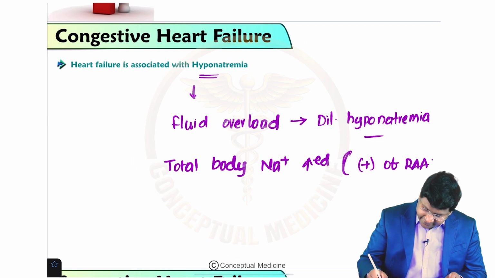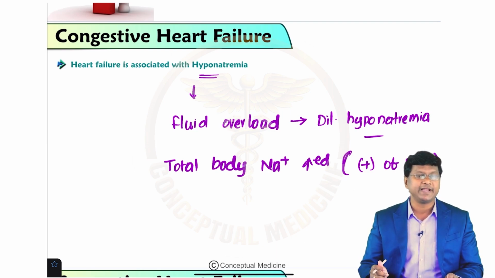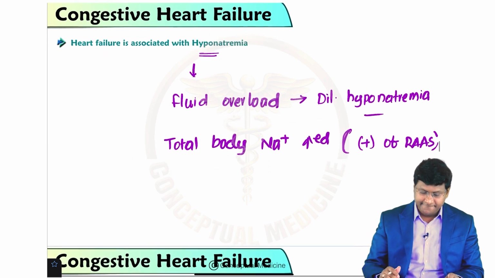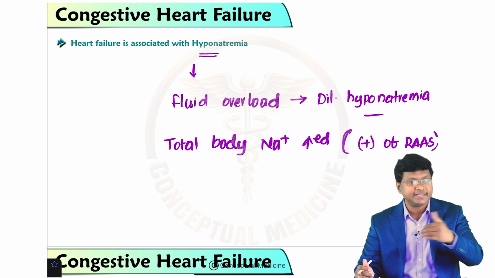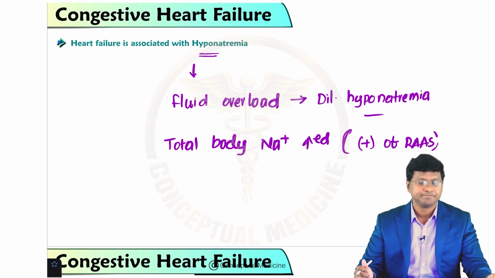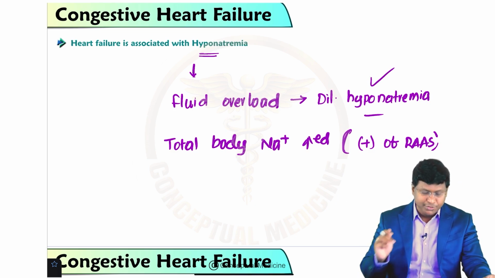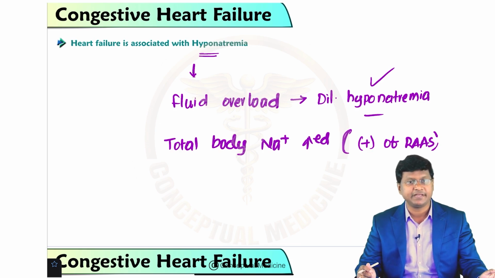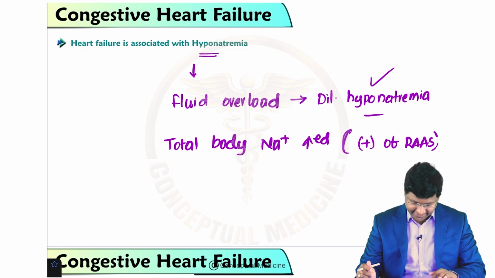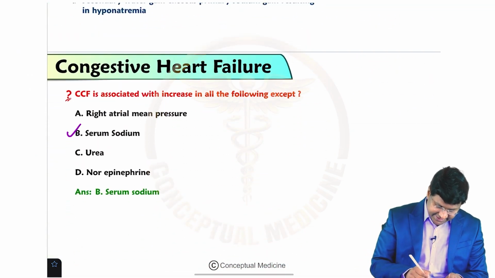Once there is activation of RAS, there is synthesis of aldosterone. Aldosterone will cause sodium as well as water retention. But here, the fluid which is retained is much more than the sodium which is being retained. That will make the individual develop dilutional hyponatremia. They will not have hypernatremia, they will have hyponatremia. So the answer is the serum sodium.